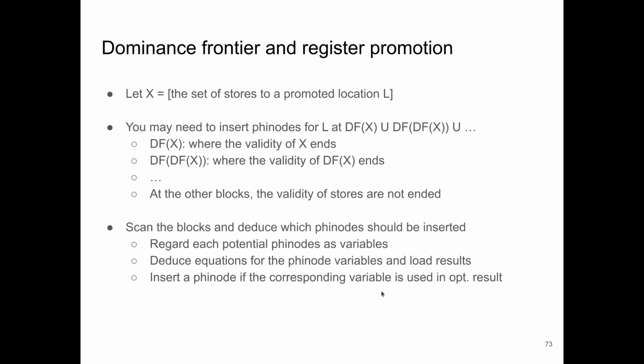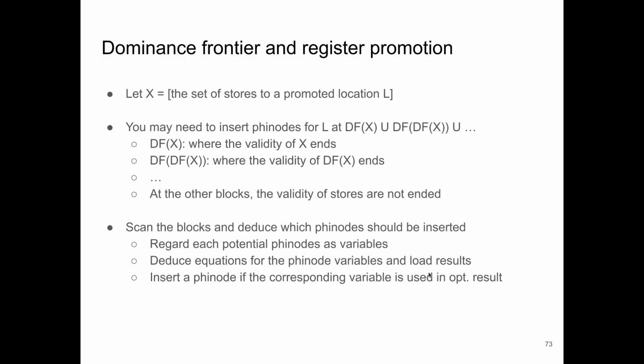And you can deduce equations for the phi node variables and load results. So you scan through the blocks, and if you meet a load instruction, then you are going to figure out which value should replace the load result here.